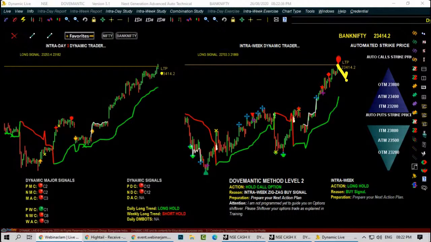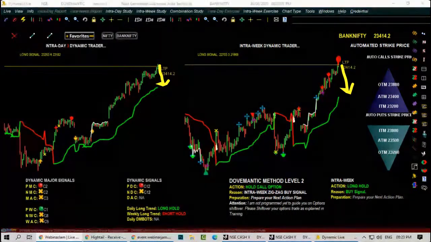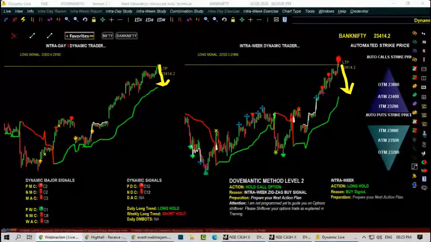But if it manages to come below that, let us say below 23,200, and then if intraday one long or intraday three speed signal gives me a sell, then I will definitely get into a short trade. But after getting into a short trade, as the price comes down and reaches any intraday three long or intraweek long signal edge point, I will shift over to the put option and hold it. If you remember, as we discussed yesterday, the pressure will be high from the top. So we will hold the put option.